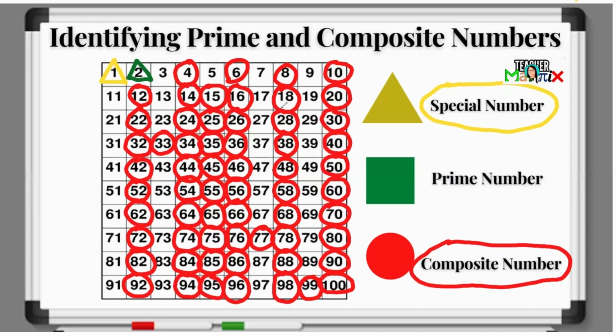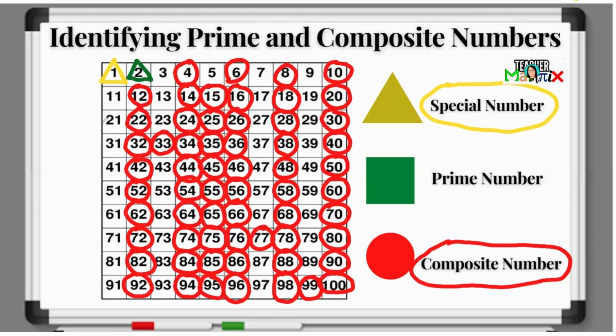Let's look for a 2-digit number where when you add the digits, the sum is divisible by 3. Okay? 11, 1 plus 1 is 2. It's not divisible by 3. 21, 2 plus 1, it's 3. So 3 is divisible by 3.